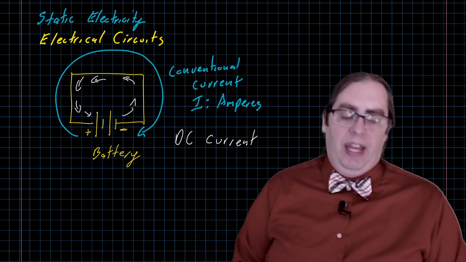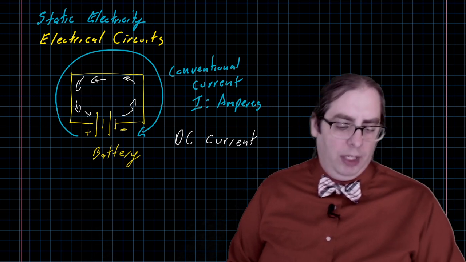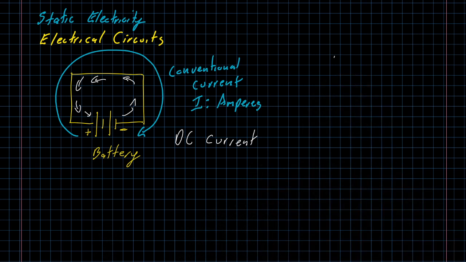Related to that, actually, I'm getting a little bit ahead of myself. I almost forgot that I wanted to mention that there is also a source of current called an AC current.